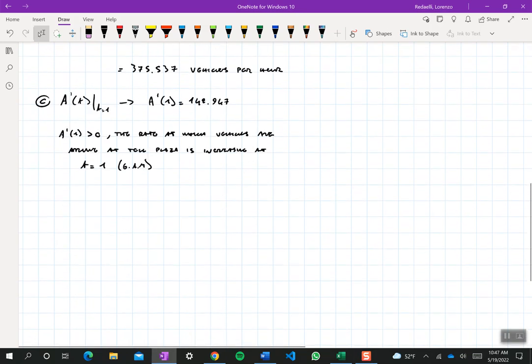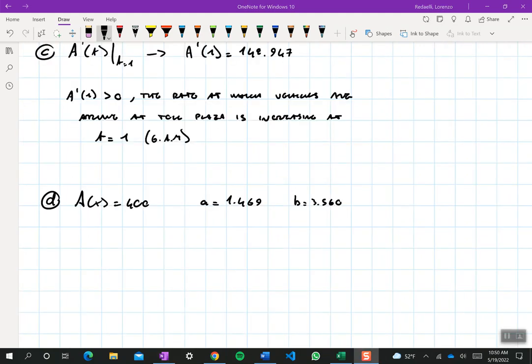We know that a line begins to form when A of x is equal to 400, so we're going to find the intersections between the function A of x and 400. We found that it intersects at 2 points: a equals 1.469, and another point that we'll call b, which is 3.560.